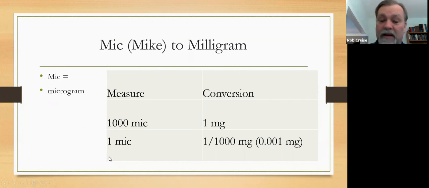So 1 mic equals 1/1000th of a milligram, or 0.001 milligrams. So if you have 5 mics, you will have 0.005 milligrams of whatever you are measuring.